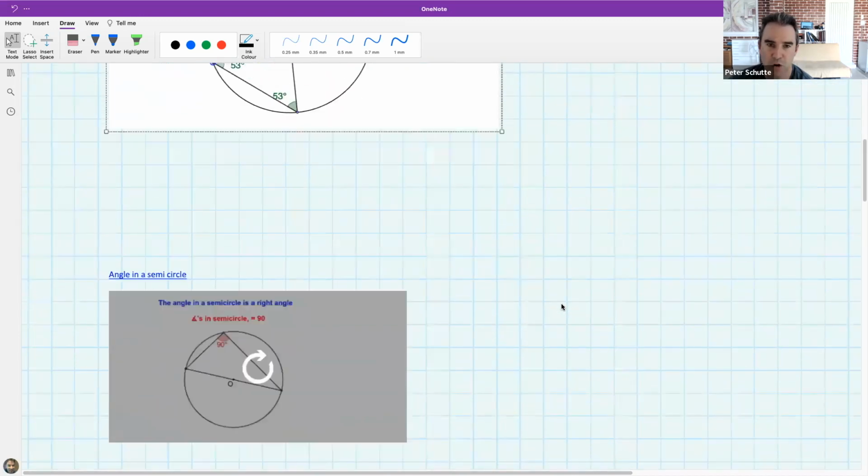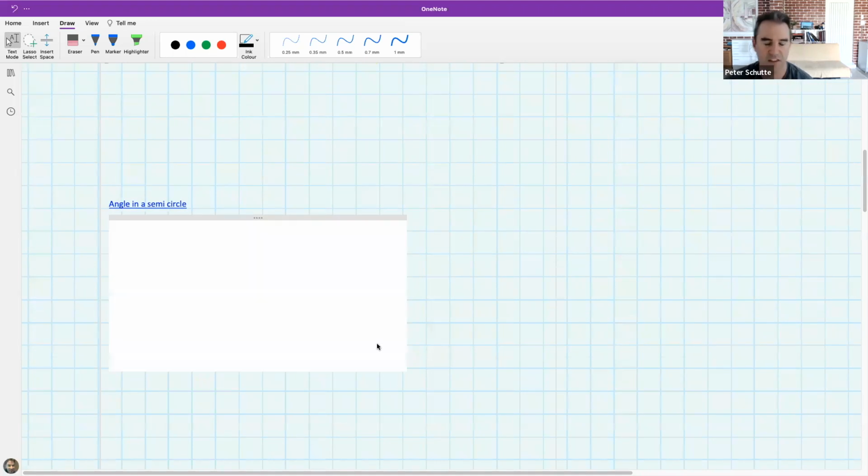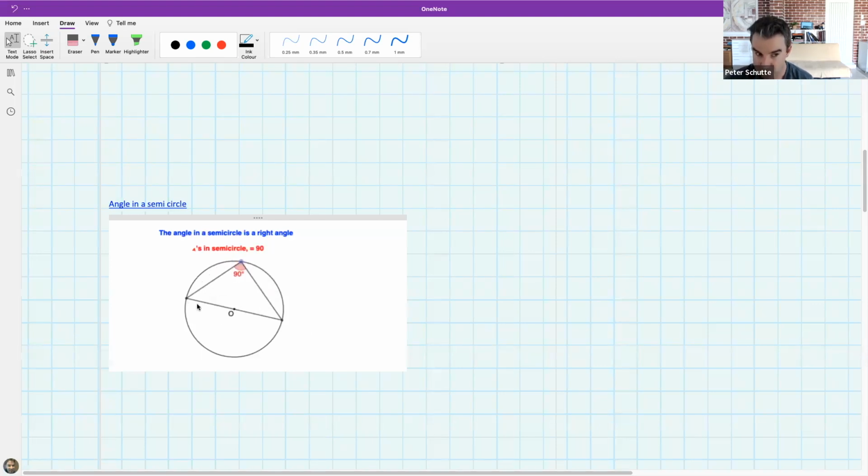Before you go, Cynthia, what about this next one? What do you think this is telling us? A right angle triangle always has a 90-degree angle, I think. Okay, very close. When you have a diameter in a circle and you make an angle at the circumference, it's always going to be 90.